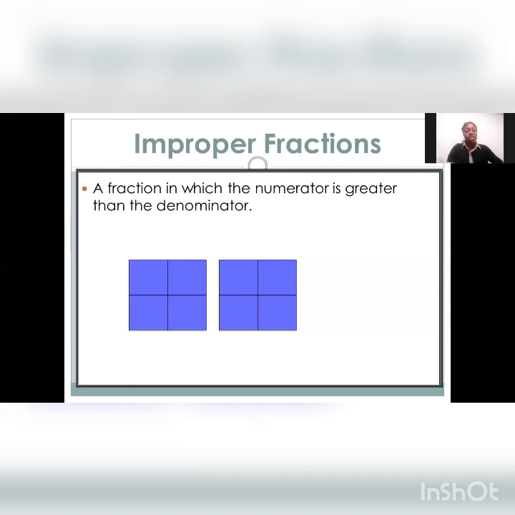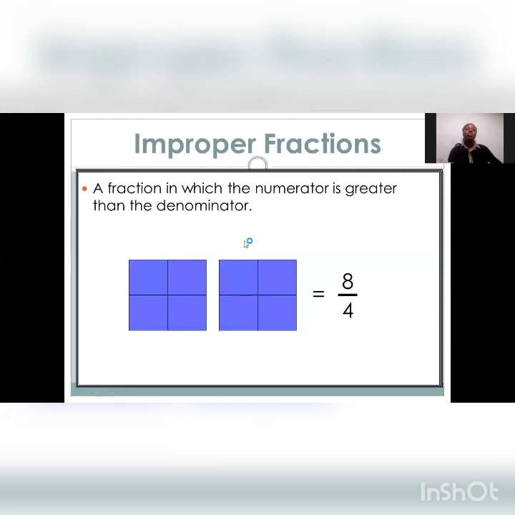So let's look at the answer. The answer is 8/4. So there are 8 shaded parts, and in each shape there are 4 equal parts. So 8 shaded parts goes in the numerator, and the 4 equal parts goes in the denominator. That is what an improper fraction looks like.